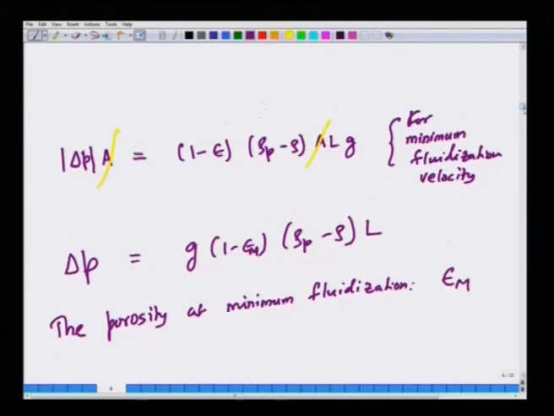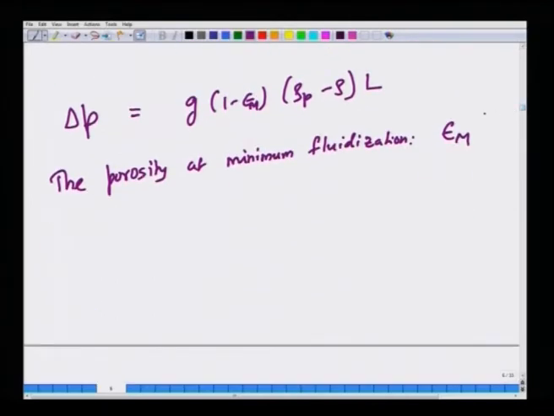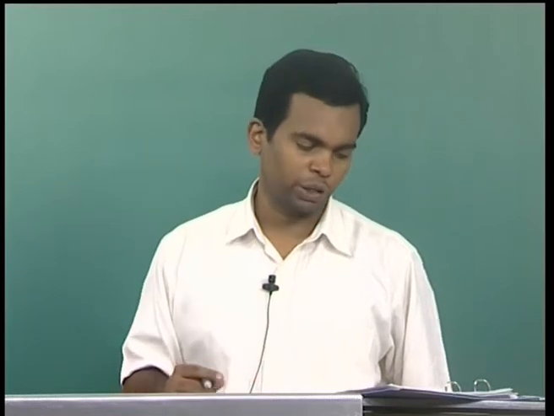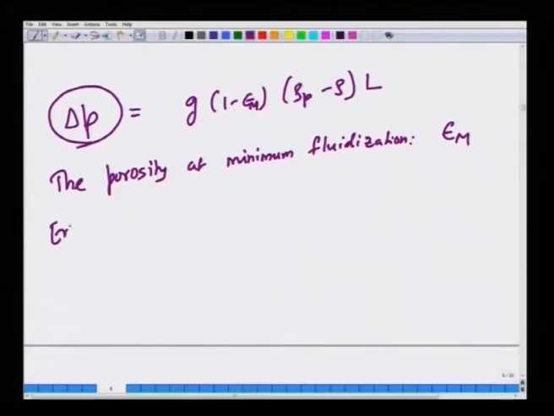Now, at the onset of fluidization, delta p can be determined, because until the onset of fluidization it is a fixed bed, a packed bed, it is not a fluidized bed. So, if it is a packed bed, we can use our earlier correlations to find the pressure drop. So, we are going to use the Ergun equation.